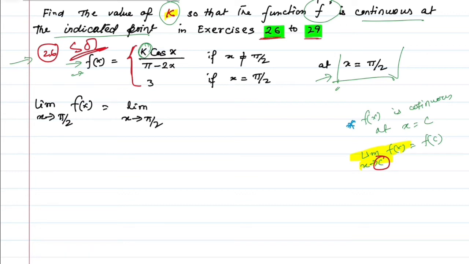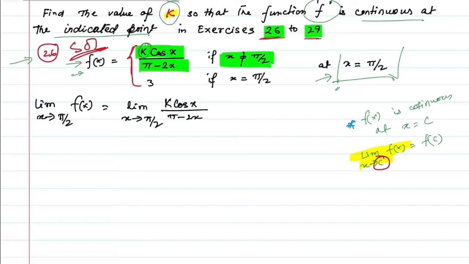X is approaching pi by 2, but x is not exactly equal to pi by 2, and when x is not equal to pi by 2, the function f of x is given by k cos x by pi minus twice x. So, limit x tends to pi by 2 k cos x by pi minus twice x.